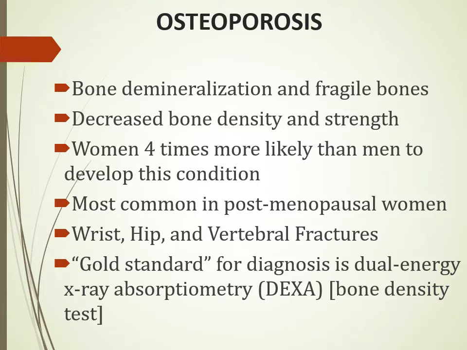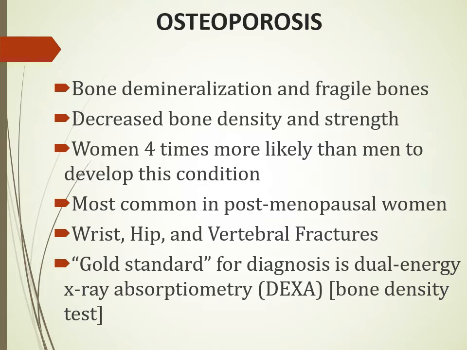Okay. So what's the gold standard test to diagnose osteoporosis? So it's certainly not an X-ray. By the time we see osteoporosis on an X-ray, it's typically really severe osteoporosis. So the test that we use to try and pick up osteoporosis much earlier is a bone density test.